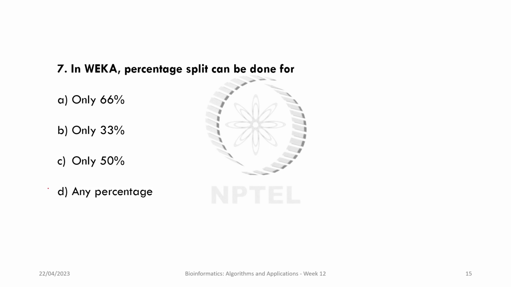Thank you, Malini and Devangana. So we're all clear on this, right? Any percentage can be entered to split the data set into training and test. So it's not just 66 or 33 or 50, it could be anything.